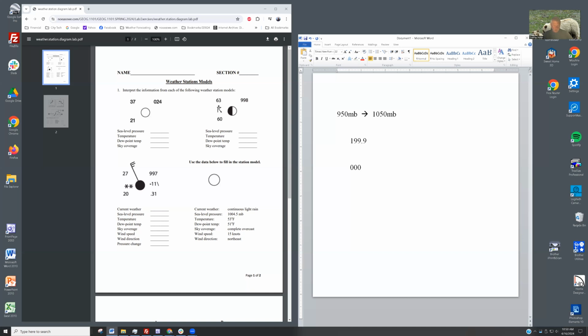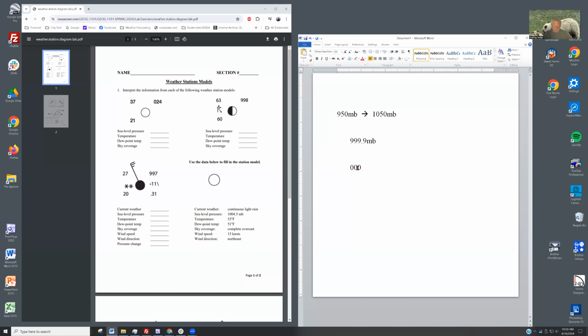If I put 10, that would make that number 1099.9 millibars. That would fall outside this range. If I put a 9, then the barometric pressure will be 999.9 millibars, and that falls within the range. In the next one, we have three zeros.